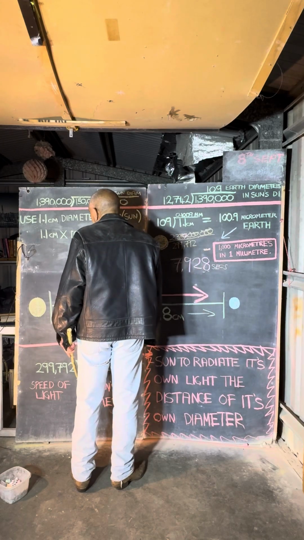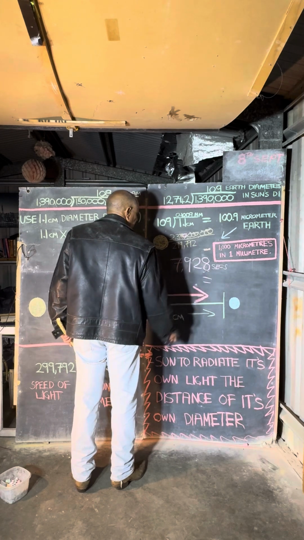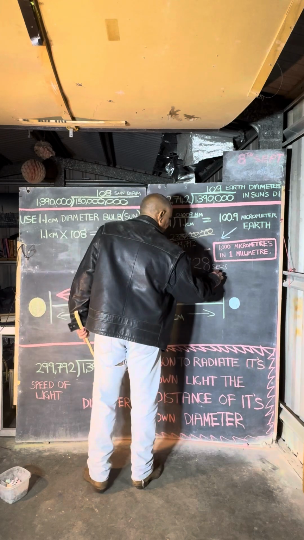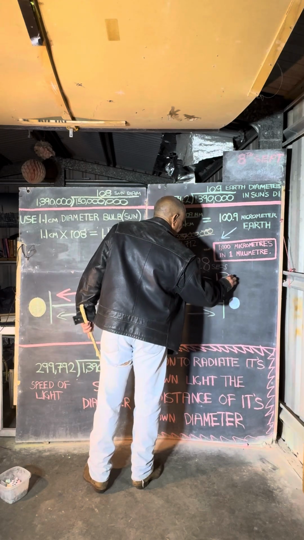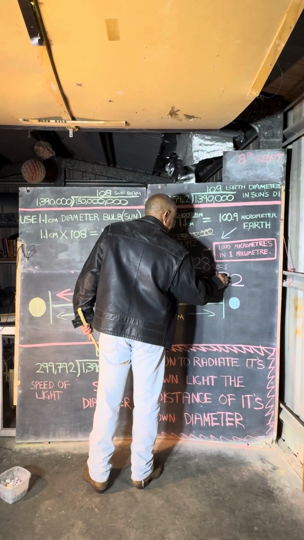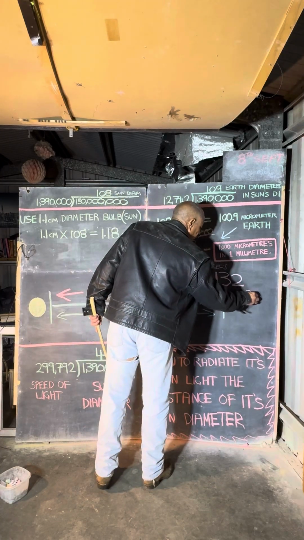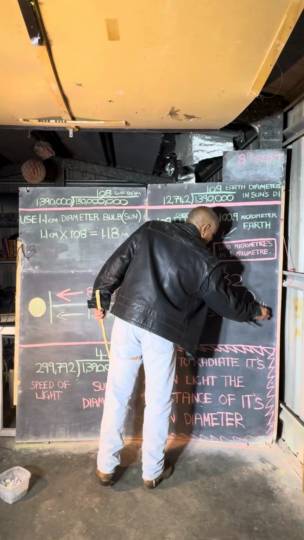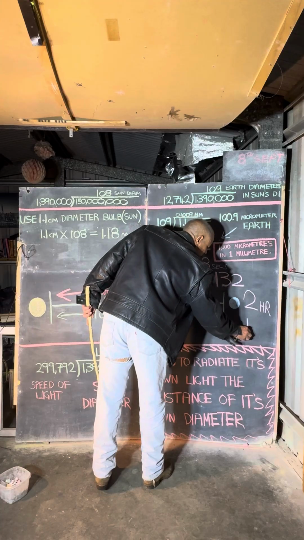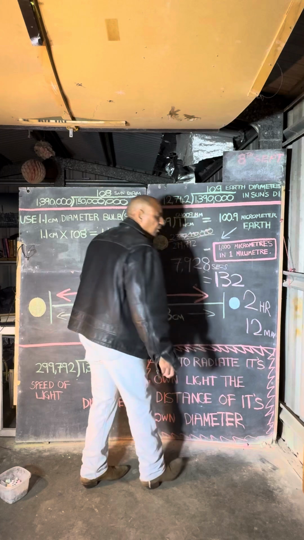Alexa, what's 7,928 divided by 60? 7,928 divided by 60 is approximately 132.1333. 132, and that is minutes. 120 minutes is 2 hours, with 12 left over.